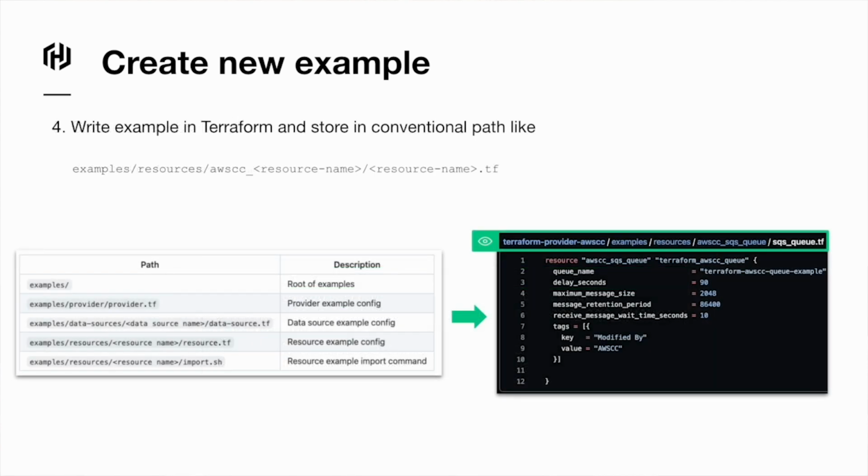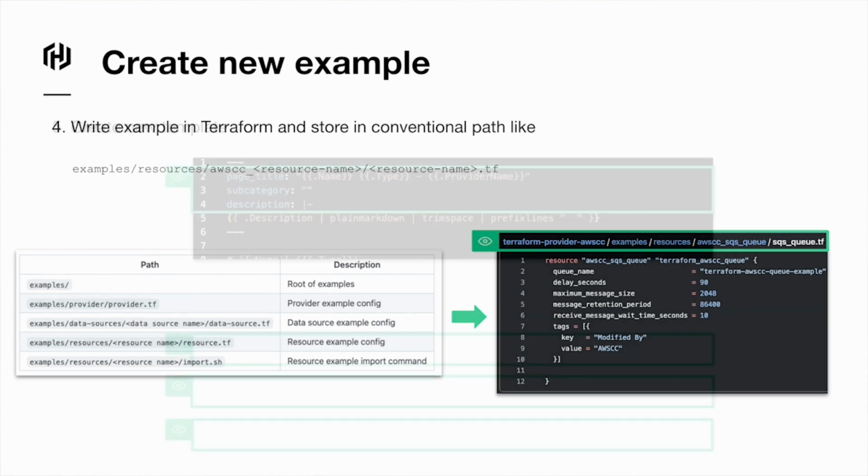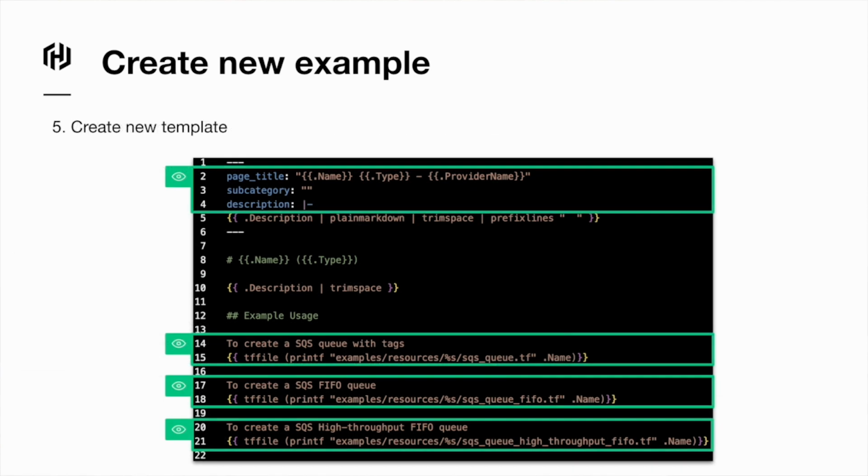As you have already explored the repo structure, you can easily understand that your example should be stored under the example/resources folder with your resource name. Once you completed your example, you need to create markdown templates where you define some high-level description.